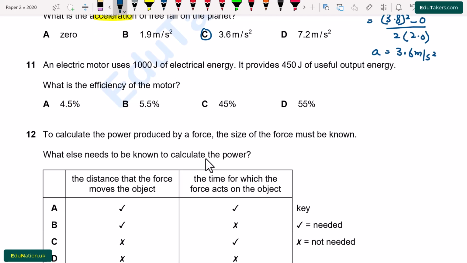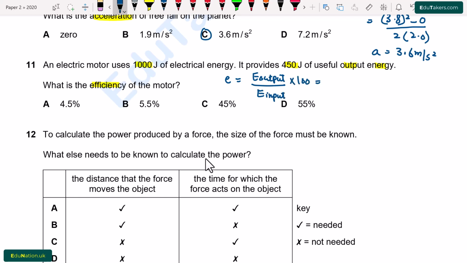Question number 11. An electric motor uses 1000 joule of electrical energy. It provides 450 joule of useful output energy. What is the efficiency of the motor? So here we have to find the efficiency of the motor. Efficiency will be equal to output energy over input energy multiplied by 100.